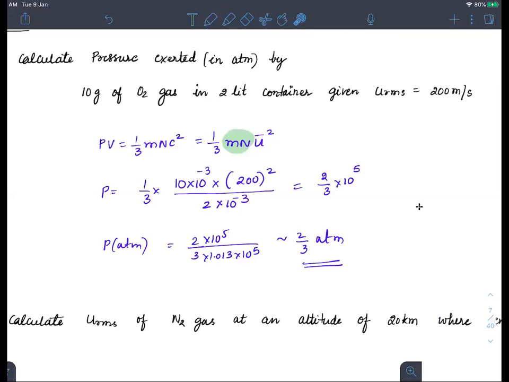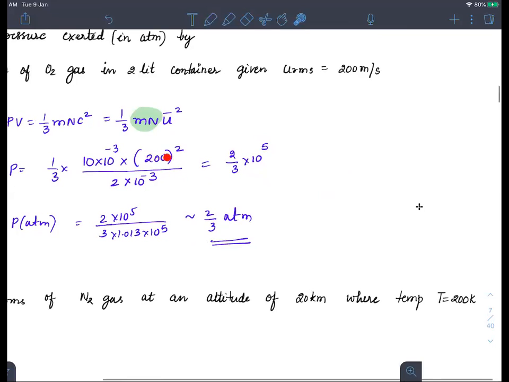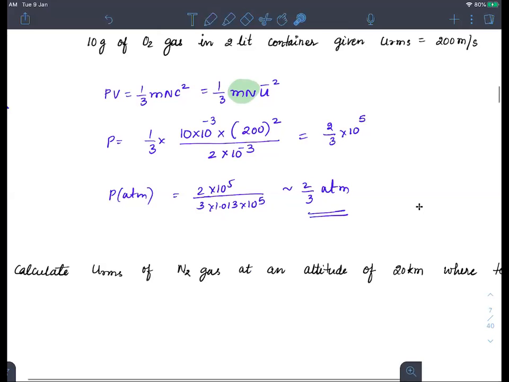I have to convert this 10 grams into kgs: 10 into 10 raised to power of minus 3, multiplied by the mean square speed. URMS is given as 200, and RMS square gives us mean square, so 200 squared. Then 1/3 into mn, divided by volume.